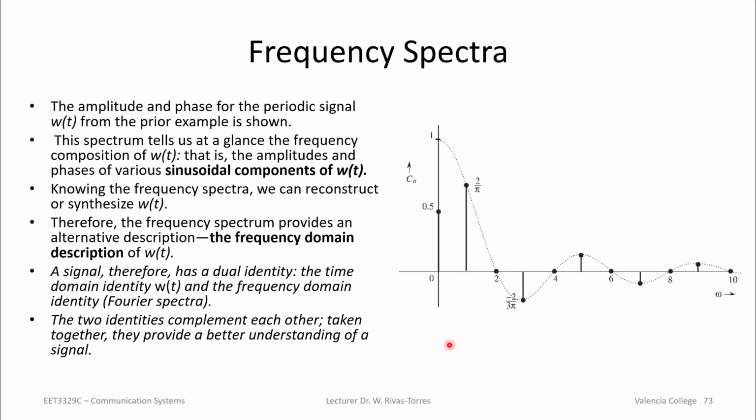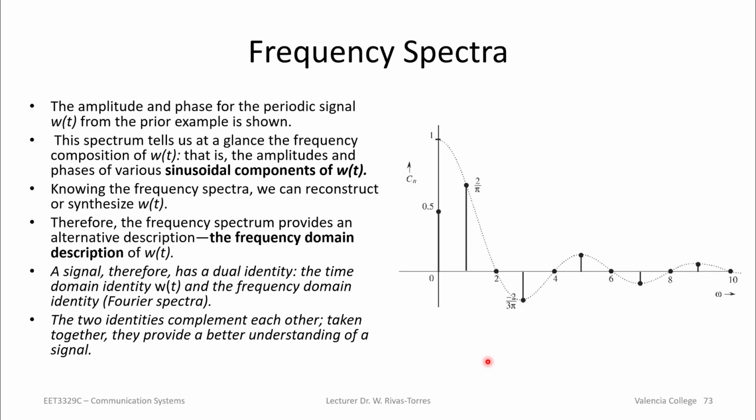If you just plot them as we did before, and look at it in this plot, we call this plot the frequency spectra, or the spectrum of the signal. And for those of you who have ever used a spectrum analyzer, this is the exact same thing that you see on the spectrum analyzer. If you just leave the positives and the negatives, then you get a plot something like this.